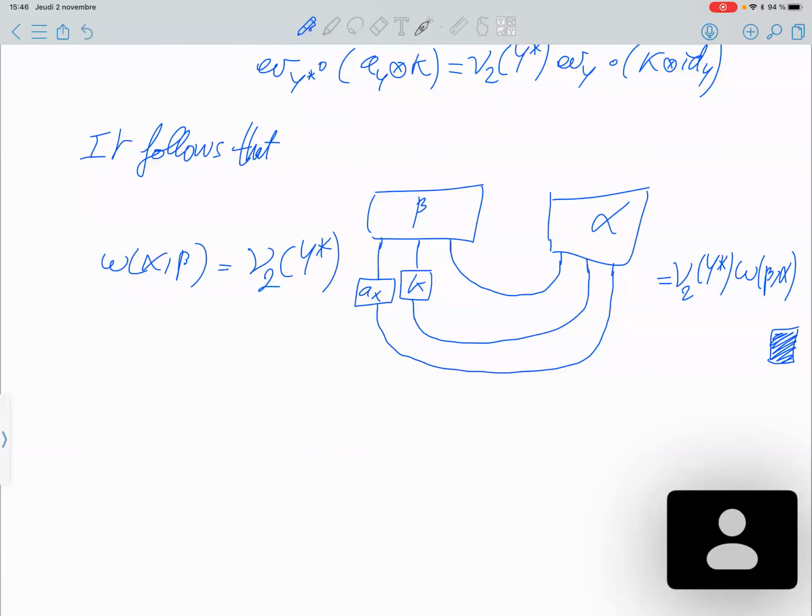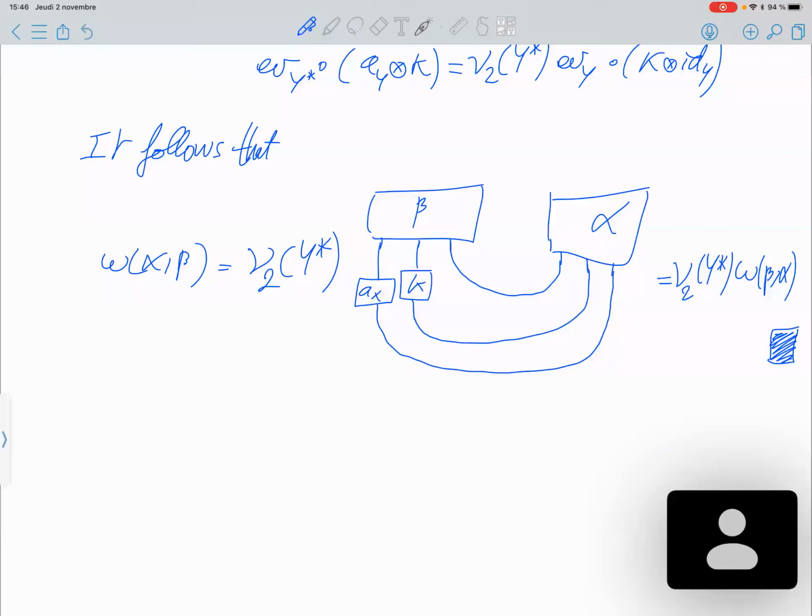Okay. Now, corollary. So what about this corollary? In this corollary, it is still for monoidal category in general.